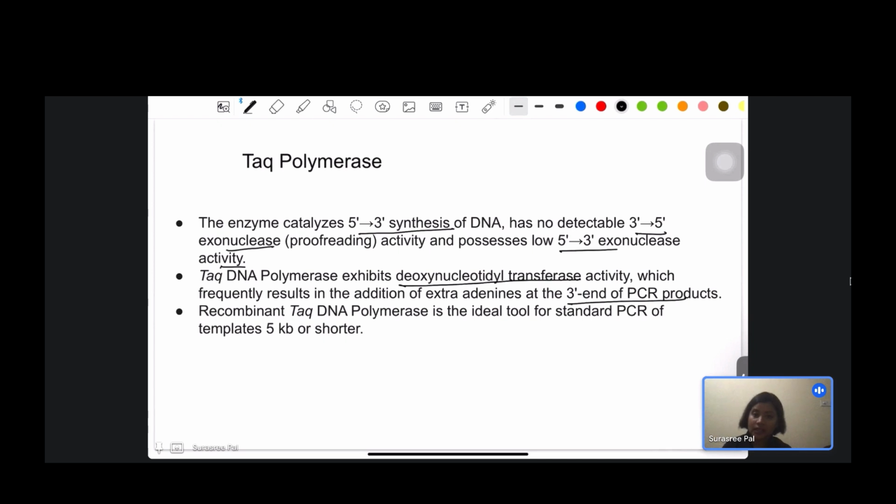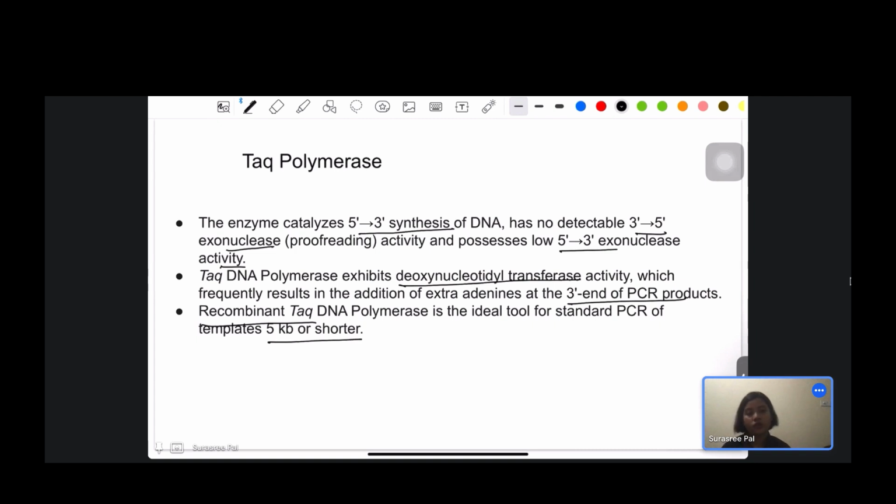And recombinant Taq DNA polymerase, what I was talking about, is nowadays engineered for PCR reactions such that it has a low error rate and higher processivity. So this recombinant Taq polymerase is a very good enzyme which we can use for standard PCR of templates which are 5 kb or shorter.